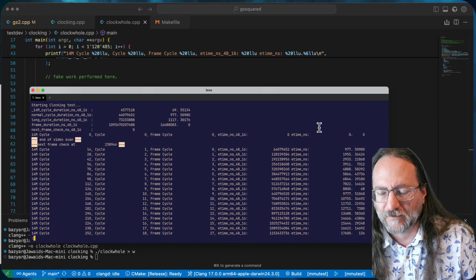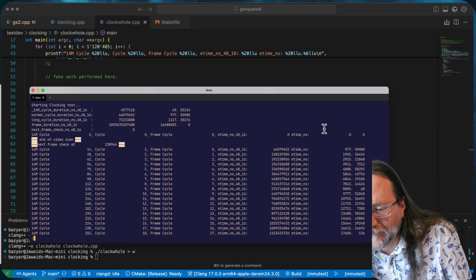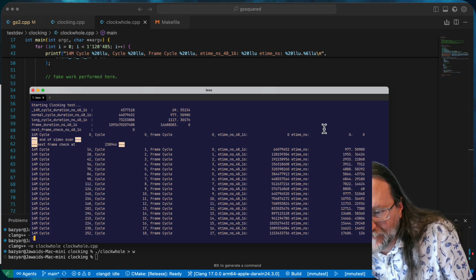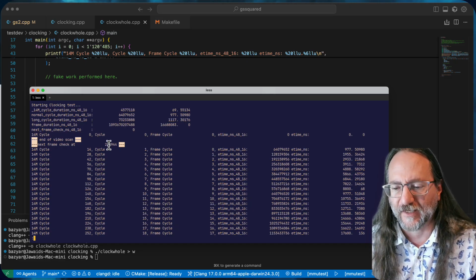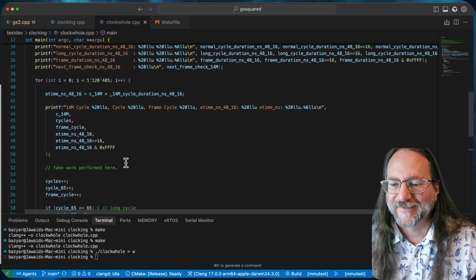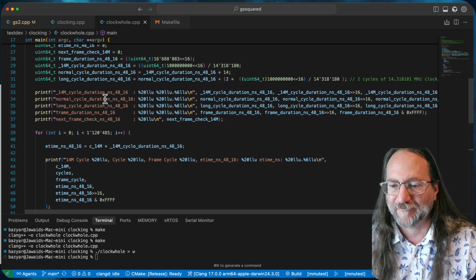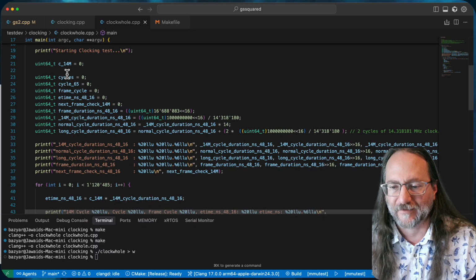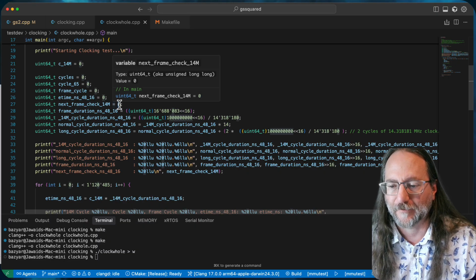Oh, well, that's weird. Why do I have a frame already at the very beginning? That's because I need to set this at the beginning. The AI was right this time. Okay.